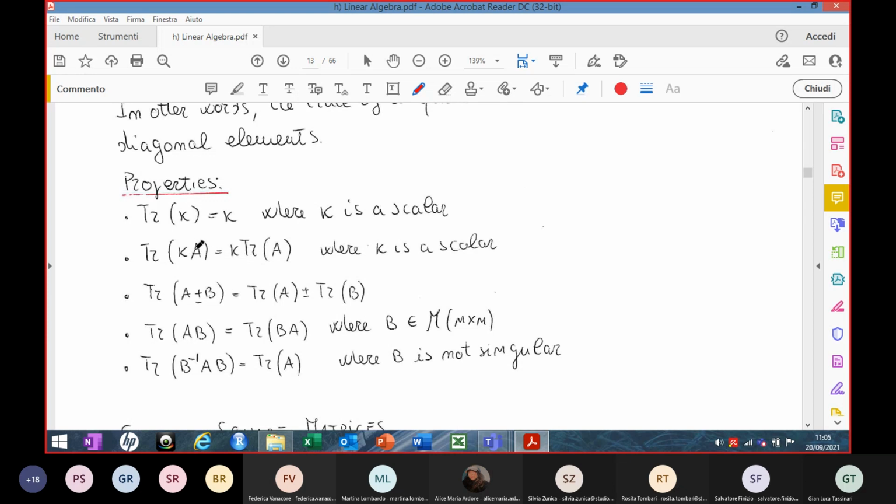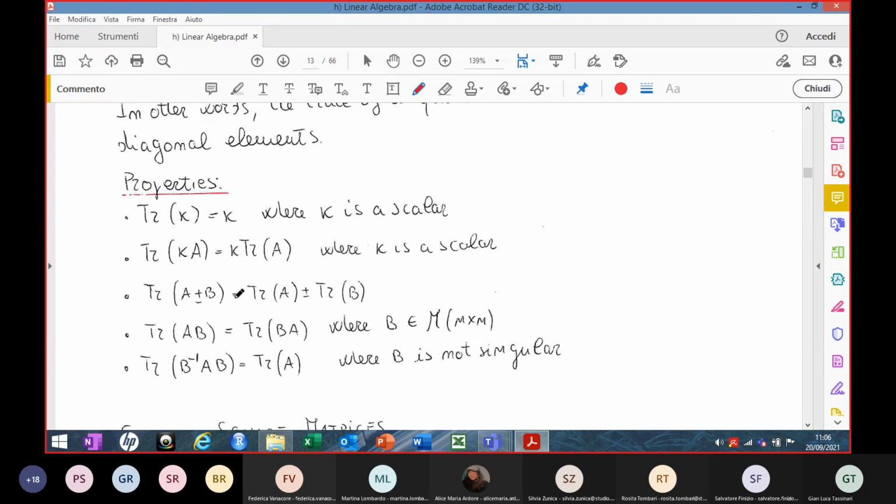If you multiply a matrix by a constant, the diagonal elements of this new matrix are equal to the diagonal elements of A, each one multiplied by the constant. So collect the constant and you get k times the trace of A. Obviously, the trace of the sum is equal to the sum of the traces, and the trace of a difference is the difference of the traces.